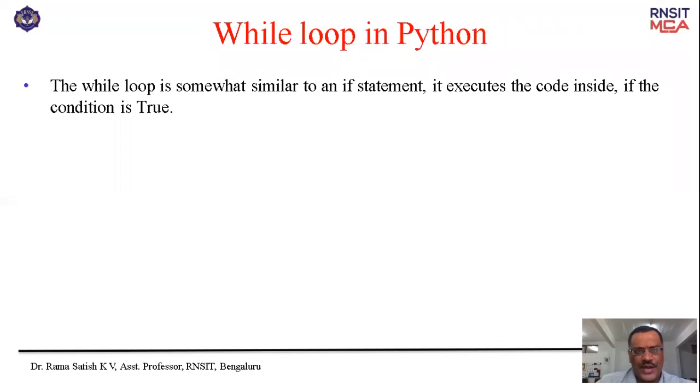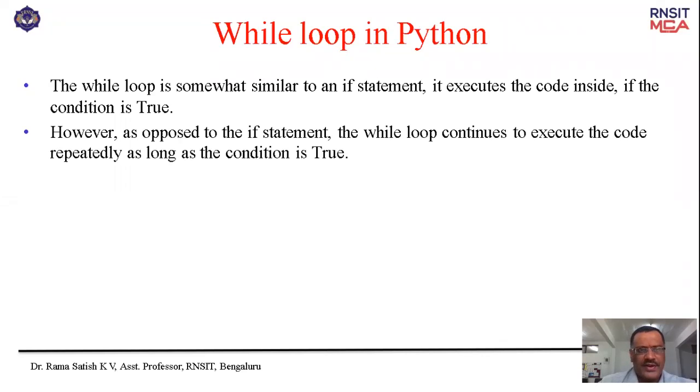However, as opposed to an if statement, which executes the block only once, the while loop keeps on executing the block until the condition value is true. Once the condition value becomes false, then it will come out. So that is the thing.